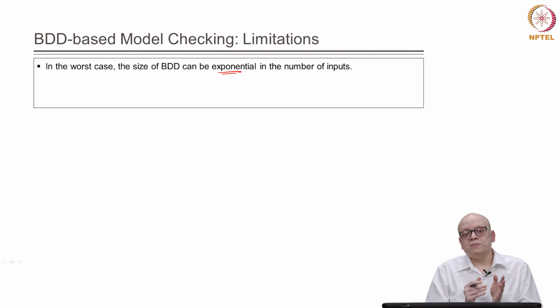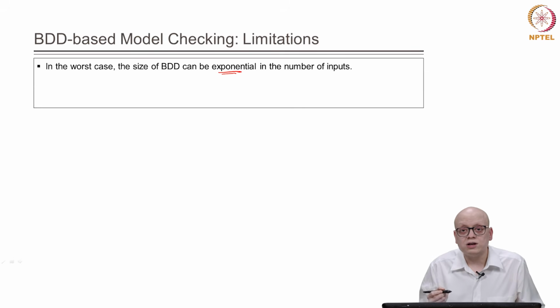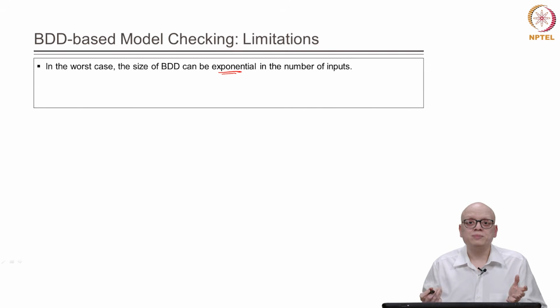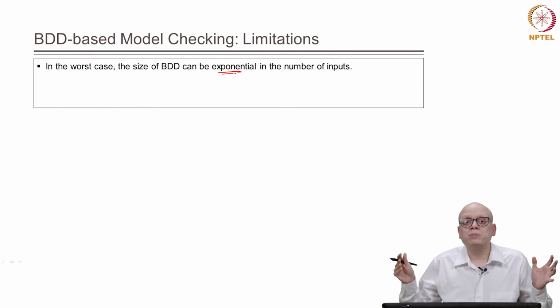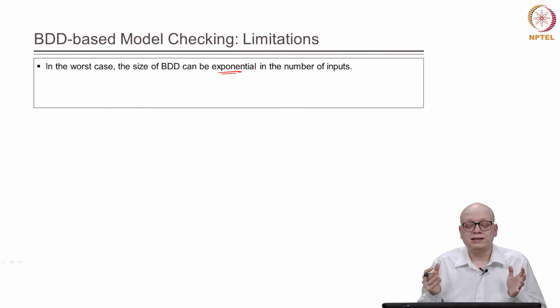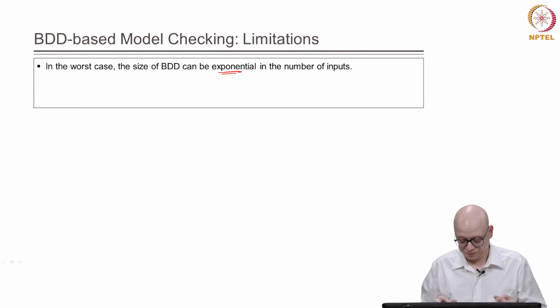So, when we represent this characteristic function and the transition relation using BDDs, sometimes the size becomes very big and the BDD explodes, and in that case we will not be able to verify our property.